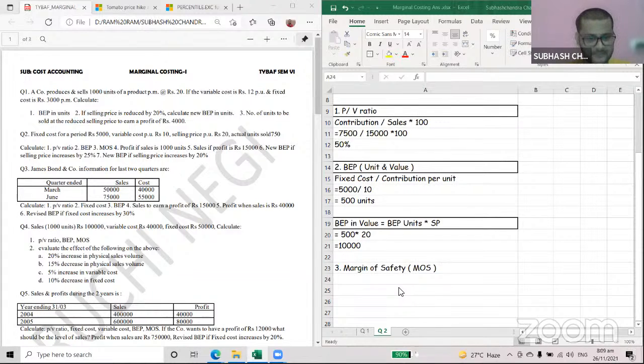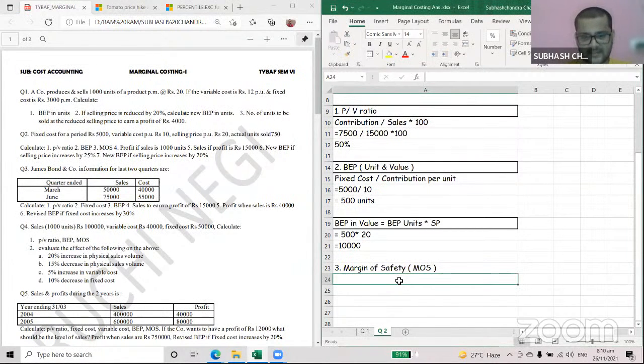Check. What is our actual sale? 750, yes, that is given in the question. So the extra sale over BP will be your margin of safety. But the formula to calculate is profit divided by PV ratio.